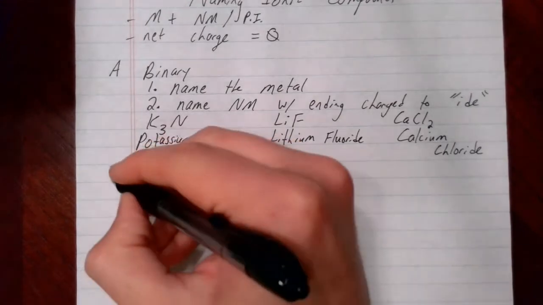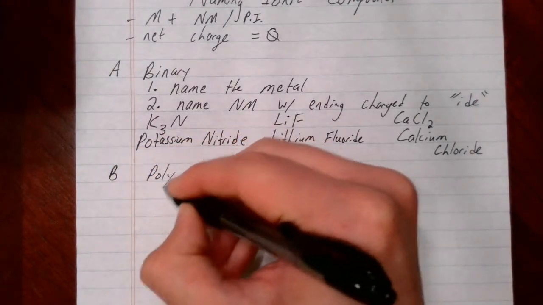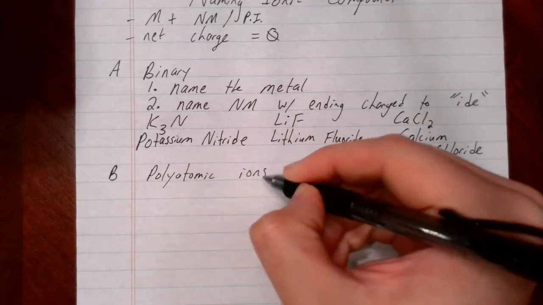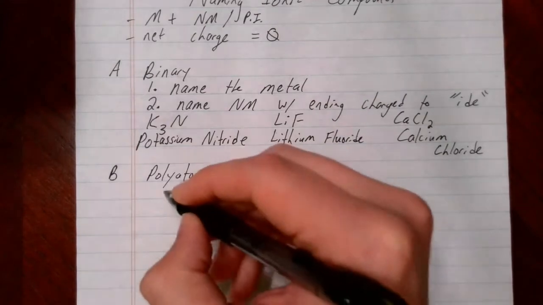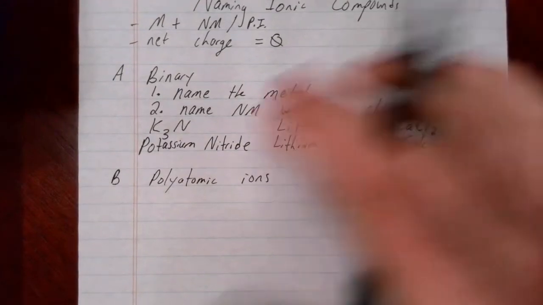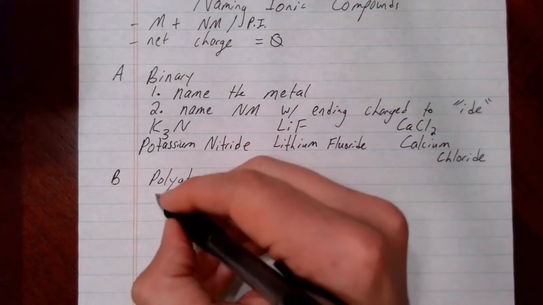So next, I want to name compounds with polyatomic ions. The rule here is you just name what you see. If you have a polyatomic ion in an ionic compound, just name what you see. Don't do anything fancy.